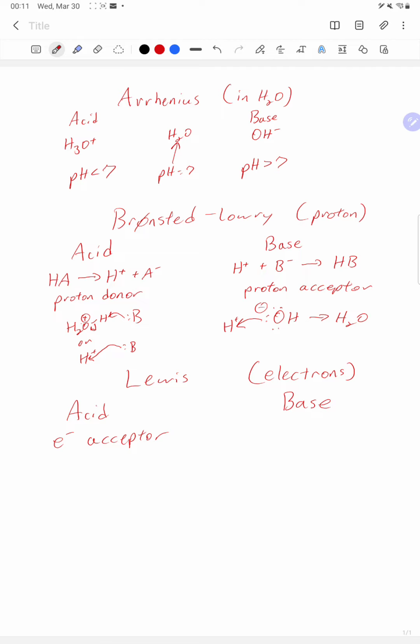It wants to give up those electrons to grab onto a proton. So these are electron donors. And it should make sense that we see opposites here. Something that donates protons can accept electrons, because if it can donate a positive charge, it can accept a negative charge.